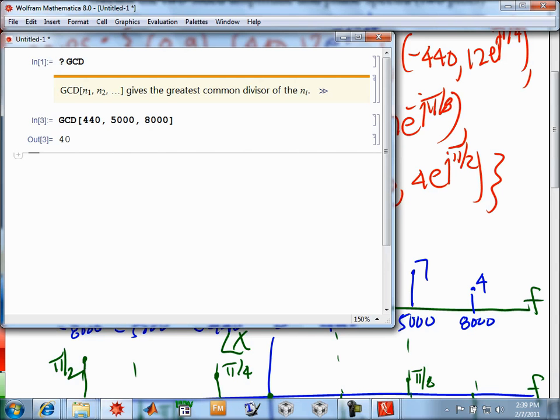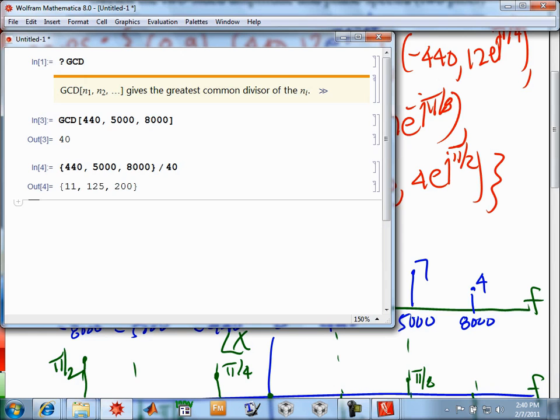So then you would do something like, if this is my list of 440, 5,000, 8,000, and this would be like a vector in MATLAB dividing by that 40. Those numbers there would be what we call the harmonic numbers. The 440 hertz is the 11th multiple of 40, which would be the 11th harmonic of the fundamental.